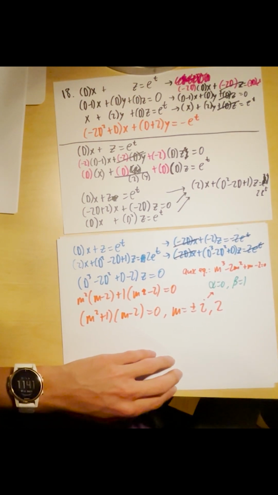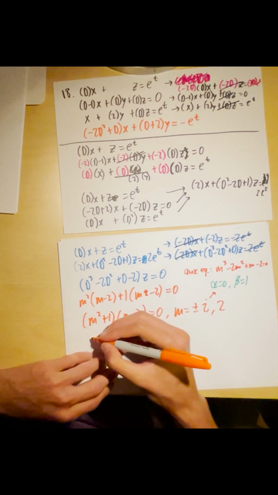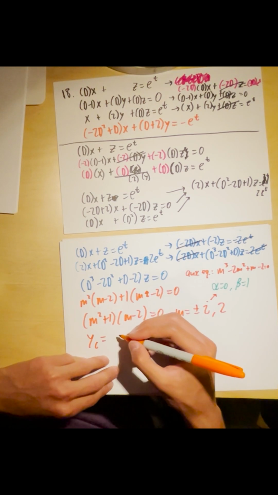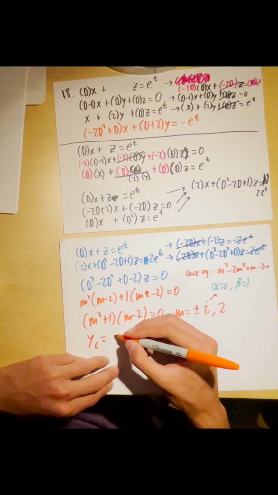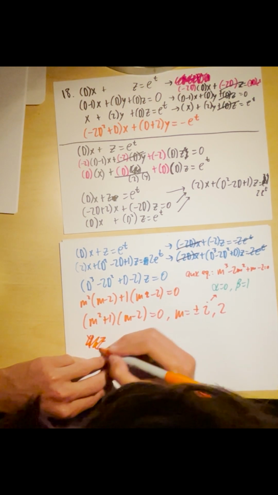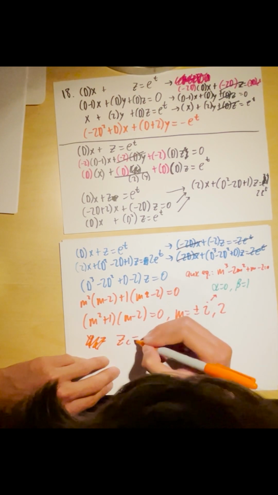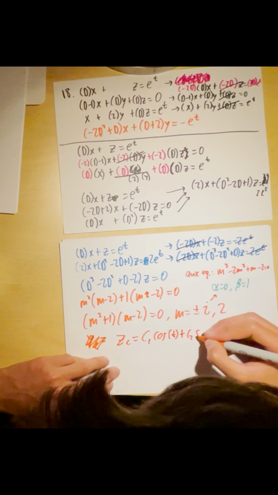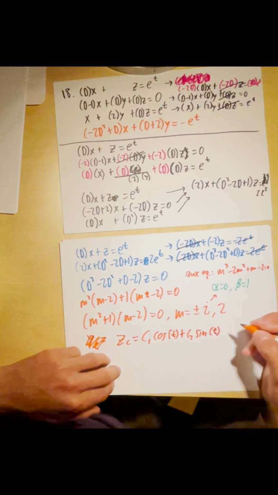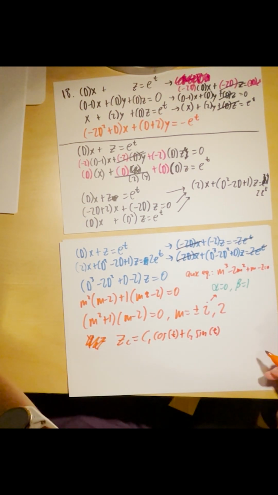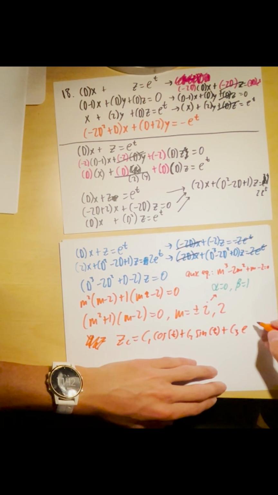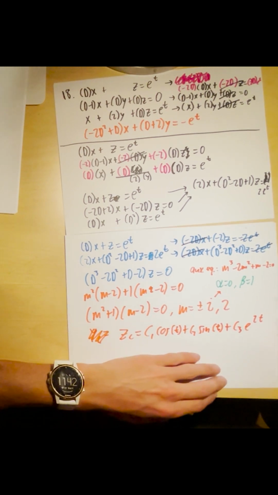Now when we are writing our complementary solution, it'll be, I apologize, this is zc. zc equals c1 cosine of t plus c2 sine of t plus c3 e to the 2t. Great.